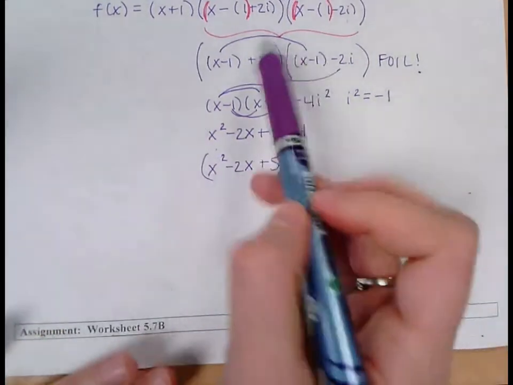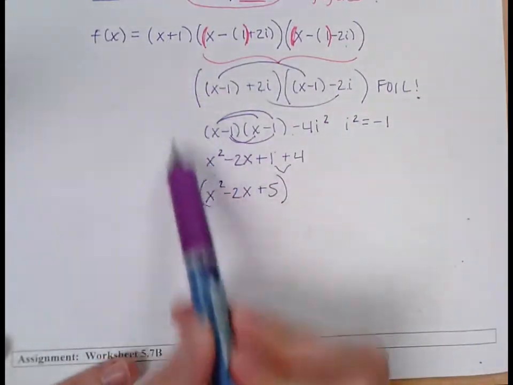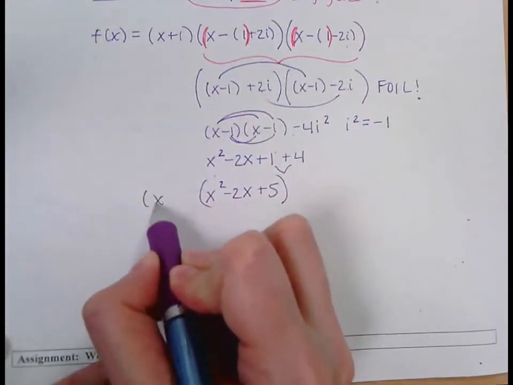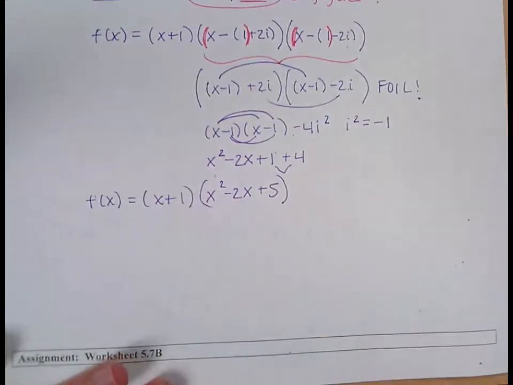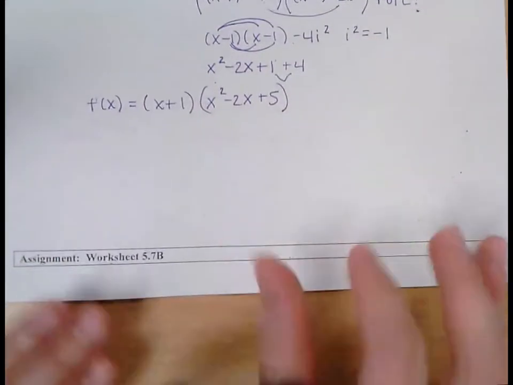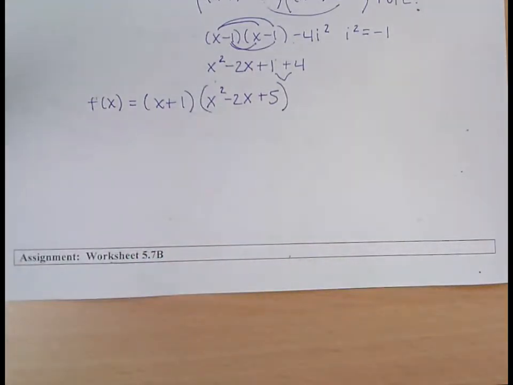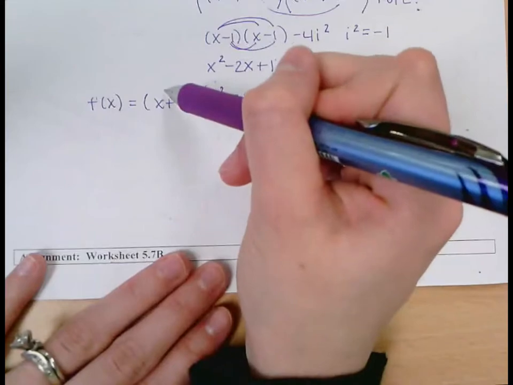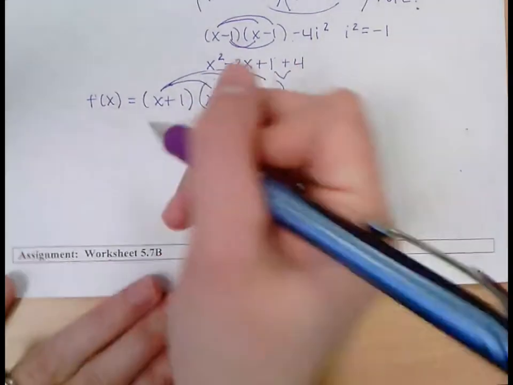Okay, so that's what I get when I multiply the two imaginary factors. I still need now to multiply this by x plus 1, but the i's are gone. So now when I multiply these, you've done this multiplication before. I just need to make sure I multiply the x to everything and the 1 to everything.